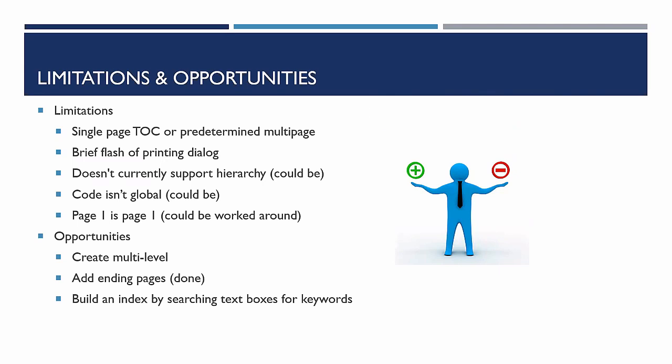In its current form, it doesn't support a hierarchy, but it could. Let's say this was a list of classes at a university, where you might have departments down to classes offered within a department down to some kind of specialty, and you want to put both the department and the specialty in the table of contents.